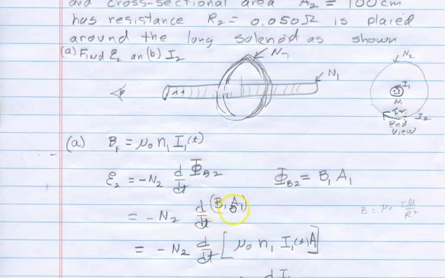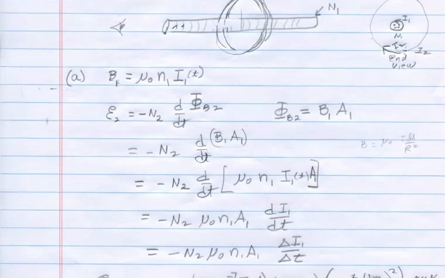Then I get this. Actually, I can bring A1 outside. There's A1. But the magnetic field B1 is mu naught little n1 times I1. Well, mu naught's a constant, little n1's a constant, area A1 is a constant. I can pull all of those outside to get this. And then it's just the time rate of change of the current in the long, thin solenoid.